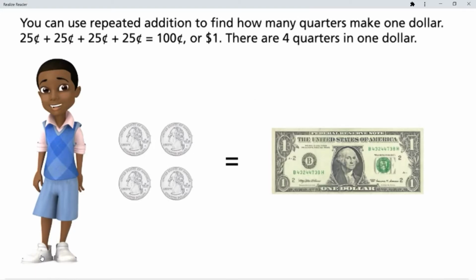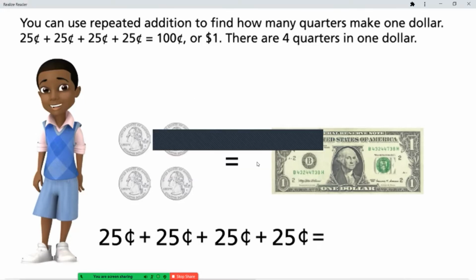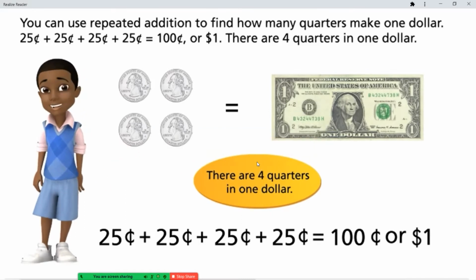You can use repeated addition to find how many quarters make $1. 25 cents plus 25 cents plus 25 cents plus 25 cents equals 100 cents, or $1. There are 4 quarters in $1.